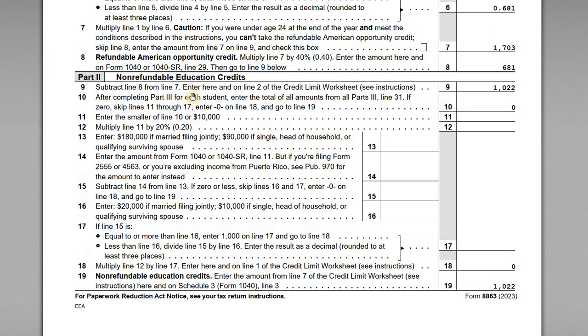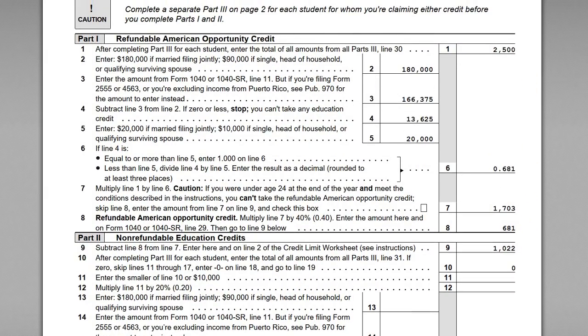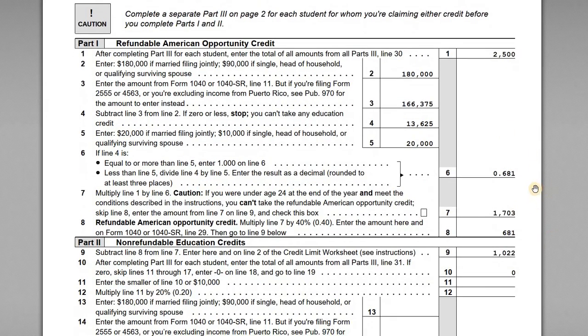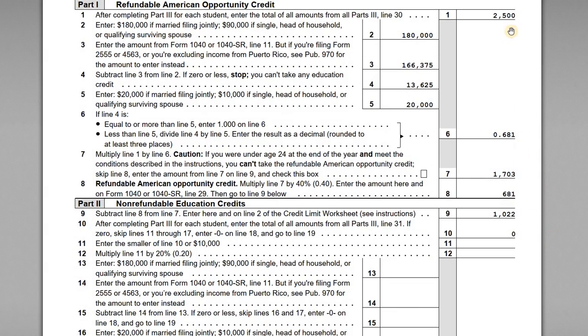Subtract line 8 from line 7 and enter the total here and on line 2 of the credit limit worksheet. So we've got line 8, 681 from line 7 of 1703 leaves us a difference of $1,022.